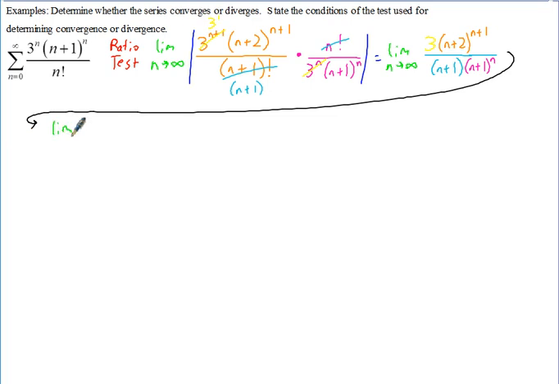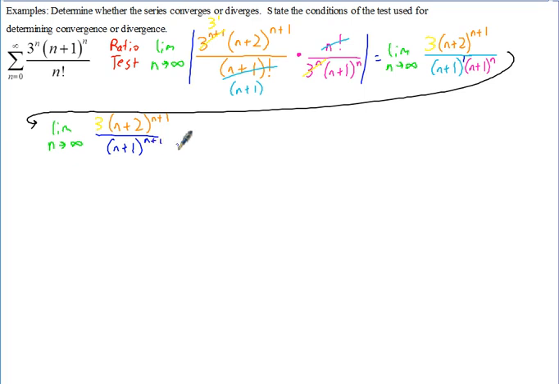So the limit as n approaches infinity, notice we can combine those on the denominator. So we have 3, n plus 2 to the n plus 1, over n plus 1 times n plus 1 to the n. This is like n plus 1 to the first, so you would add the exponents. That's n plus 1 to the n plus 1 power.